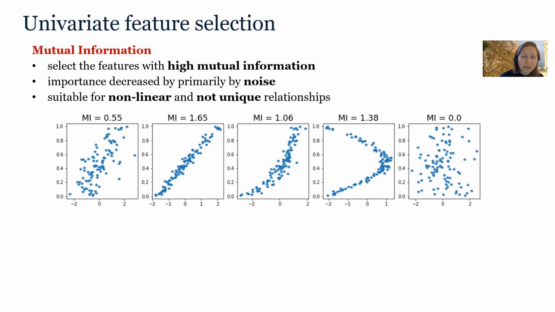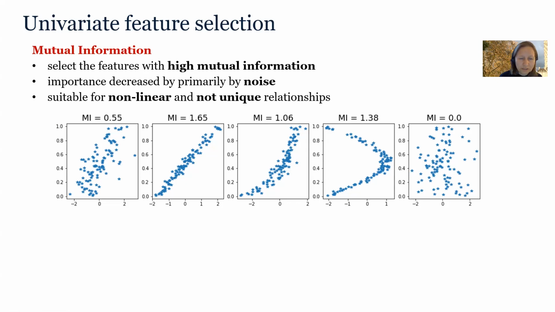So obviously, we are looking for features with lots of information in common, which means high mutual information. And we can see from these values of mutual information for different features that importance is decreased primarily by noise, and it is suitable for nonlinear and non-unique relationships.